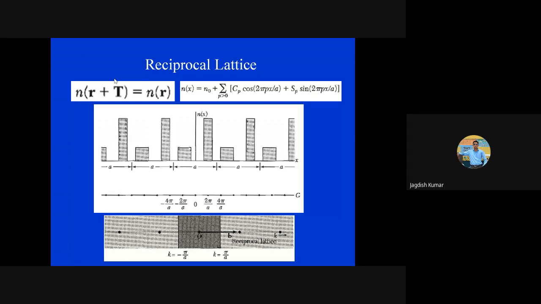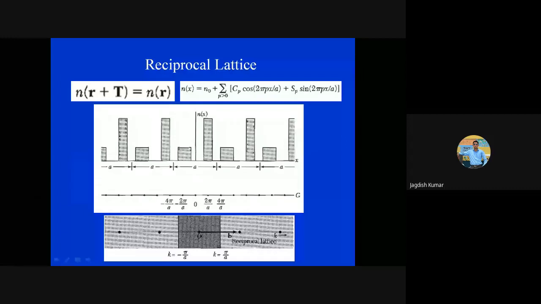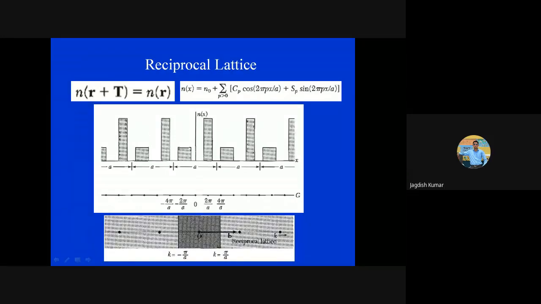What is the periodicity of the sine function? 2 pi. But the periodicity of the sine function is not just 2 pi. 4 pi is also a periodicity of the sine function, right? Similarly, 6 pi is also a periodicity. Same thing we are doing here. If a is the periodicity of the lattice points, 2a is also a periodicity, 3a is also a periodicity.